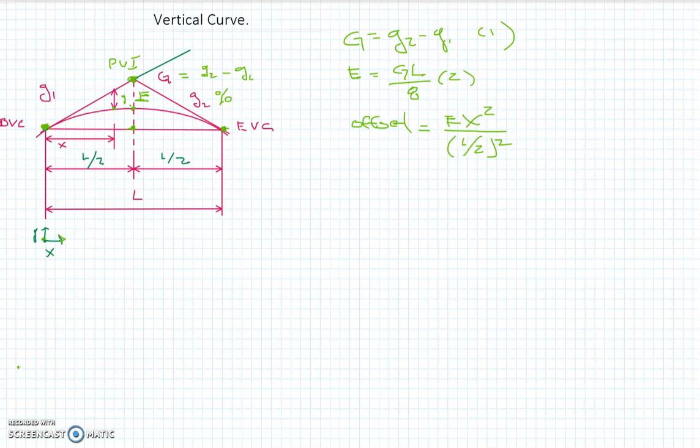This distance from the beginning of the curve to the low or high point will be equal to minus G1 times L divided by G. So this is my fourth formula.